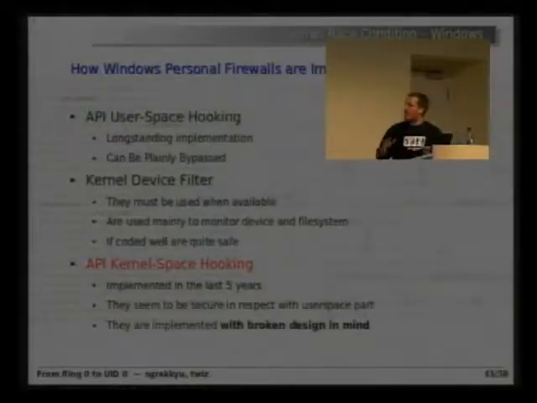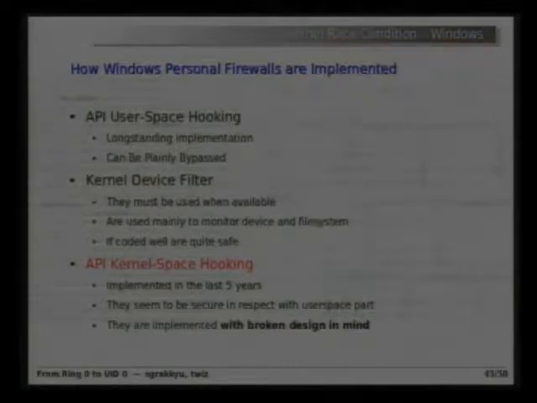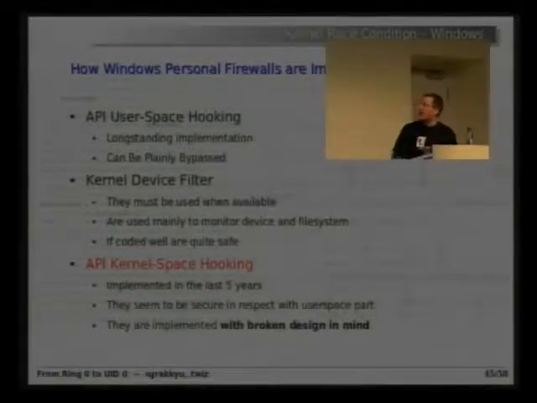This is the real topic: how third-party software integrating with Windows, like desktop protection, personal firewalls or antivirus, is implemented inside the Windows kernel, and how we can exploit this race condition in the system to bypass its controls.